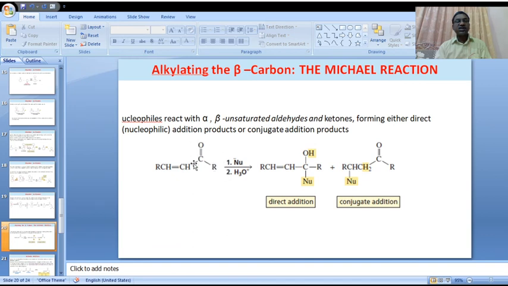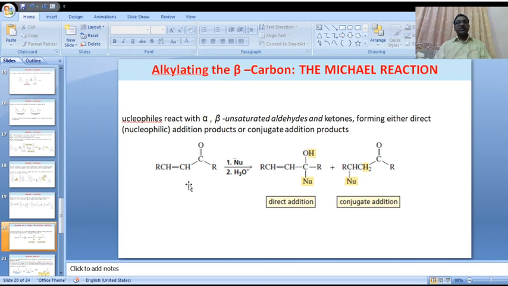This is the carbonyl functional group. Adjacent to it are the alpha carbon and the beta carbon. In between alpha and beta there is unsaturation, a pi bond, so it is called an alpha beta unsaturated compound. It may be an aldehyde or a ketone.